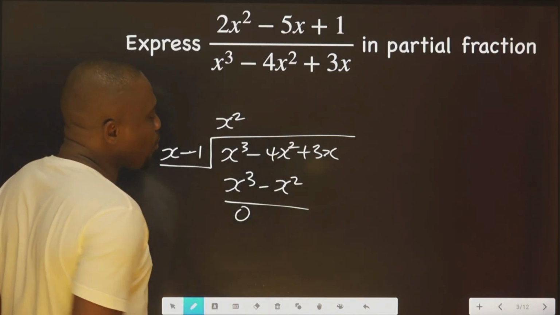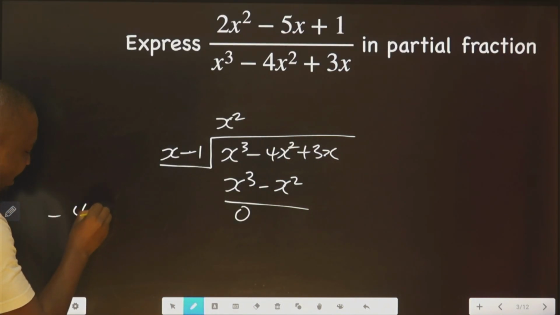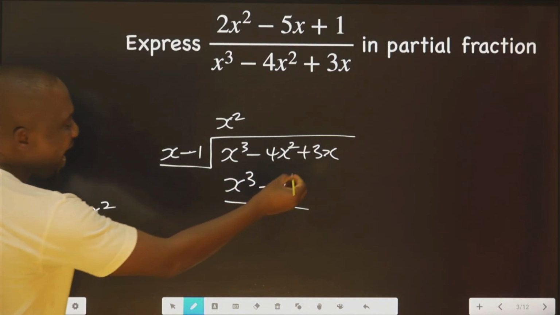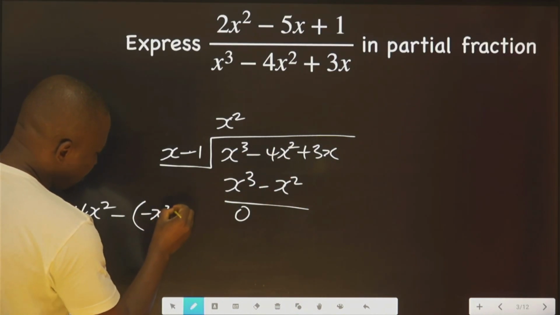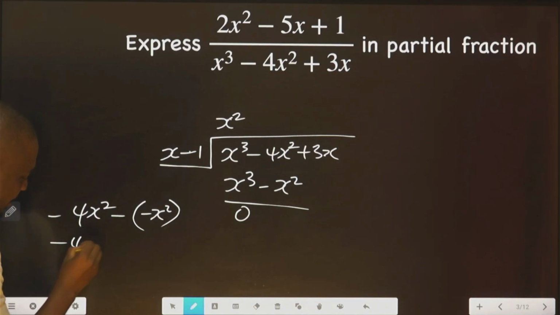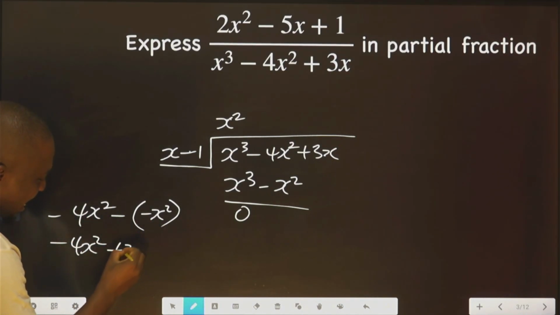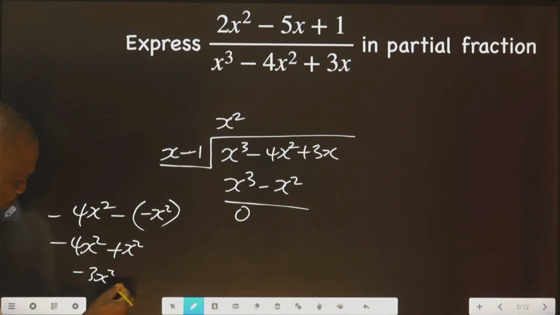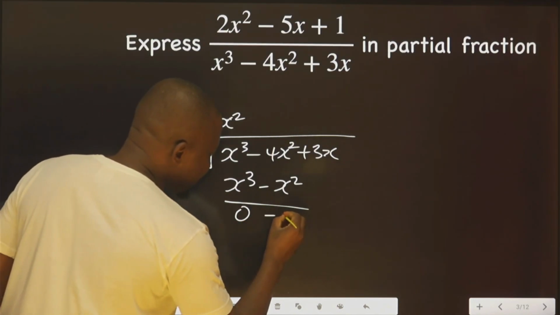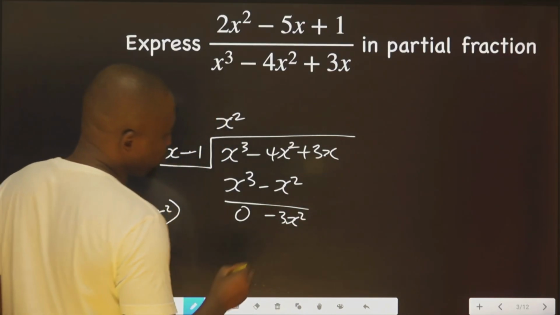Minus 4s raised to the power 2 minus minus s squared, that is minus this. It means this is plus s squared. This, therefore, is minus 3s raised to the power 2.